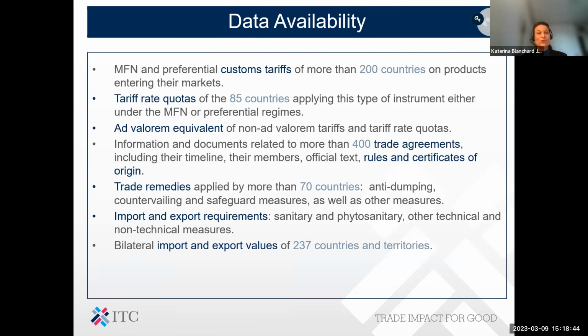We analyze more than 400 trade agreements. And for those agreements, we have the information on rules and certificates of origin. We have the information on trade remedies applied by more than 70 countries, etc., etc. So the coverage of this tool is very unique, and it is also very user-friendly.